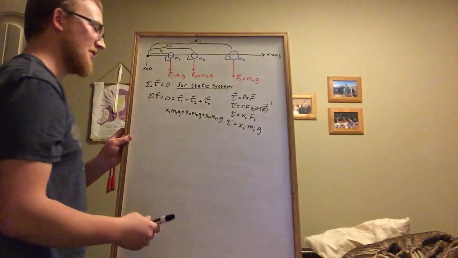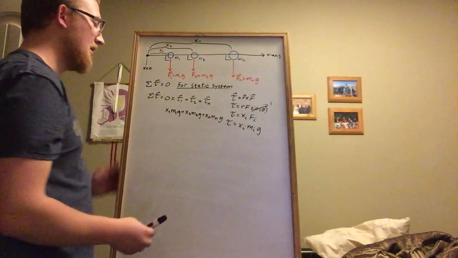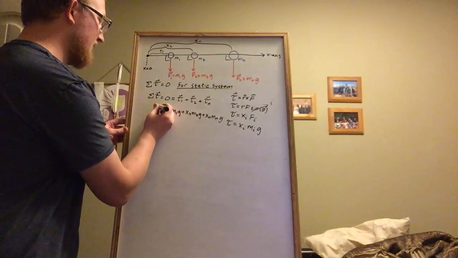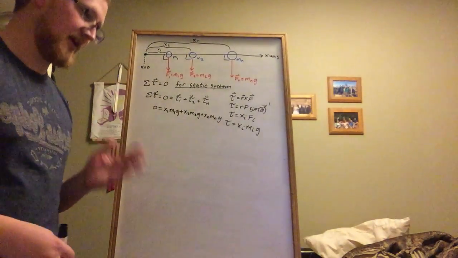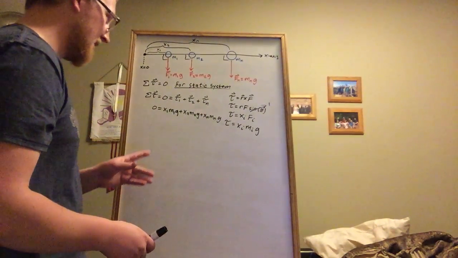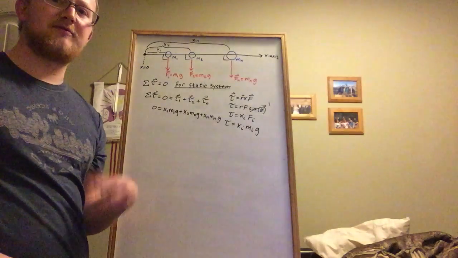So now we have our equation here, and that's going to equal 0 because in a static system, in equilibrium, the sum of torques is going to equal 0. So that's the first equation of this proof.